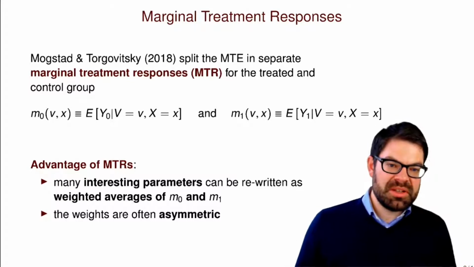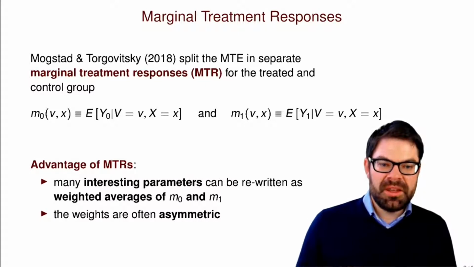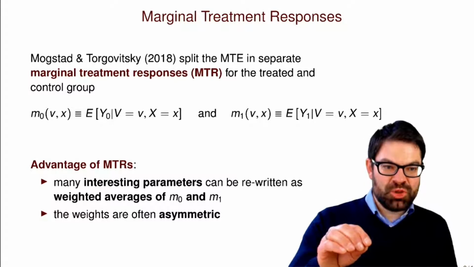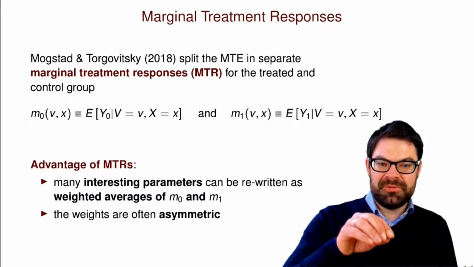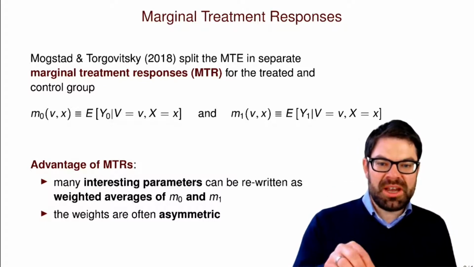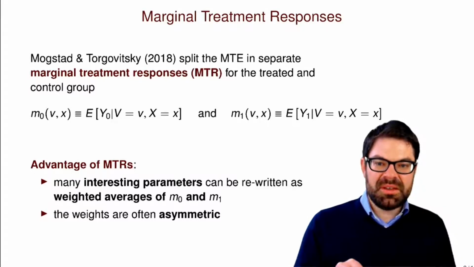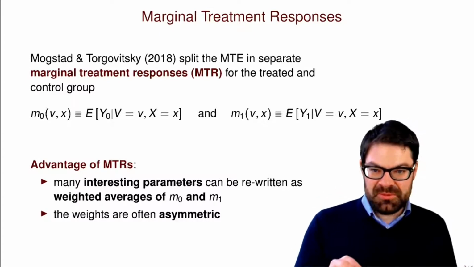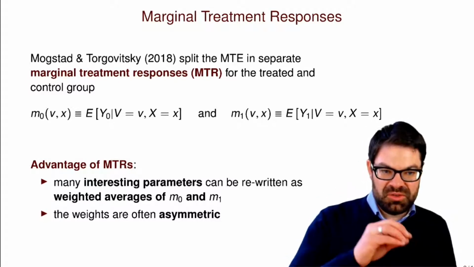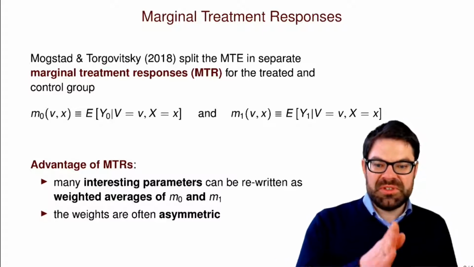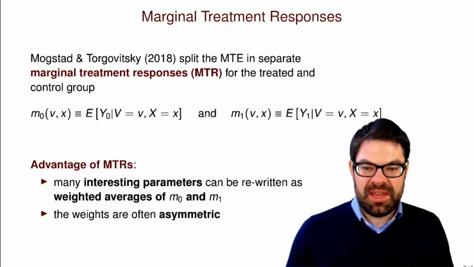So the idea here is that you have a treatment, and basically M1 is the weighted average of the outcomes if units were treated, and M0 is the average outcome of the same units, or units with the same level of resistance to treatment, had they not received the treatment. So these are basically two counterfactual outcomes for people with the same resistance to treatment, or with the same likelihood of taking the treatment.